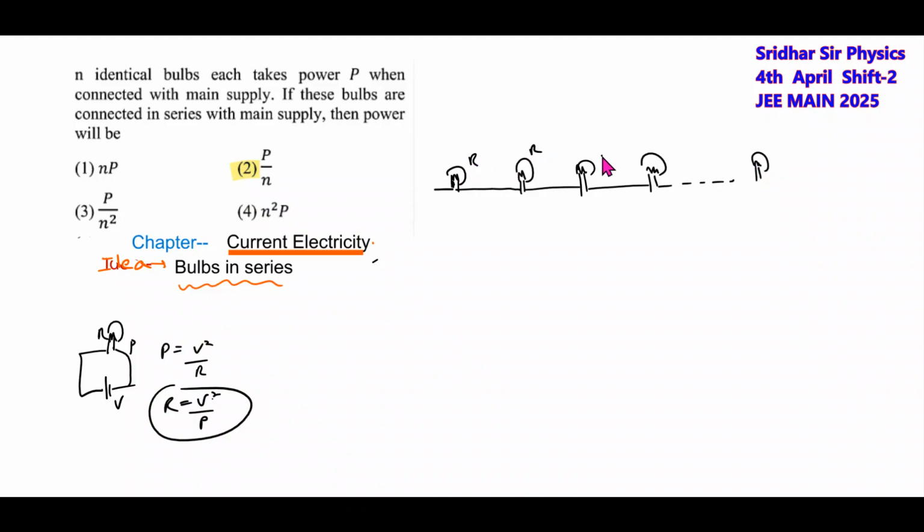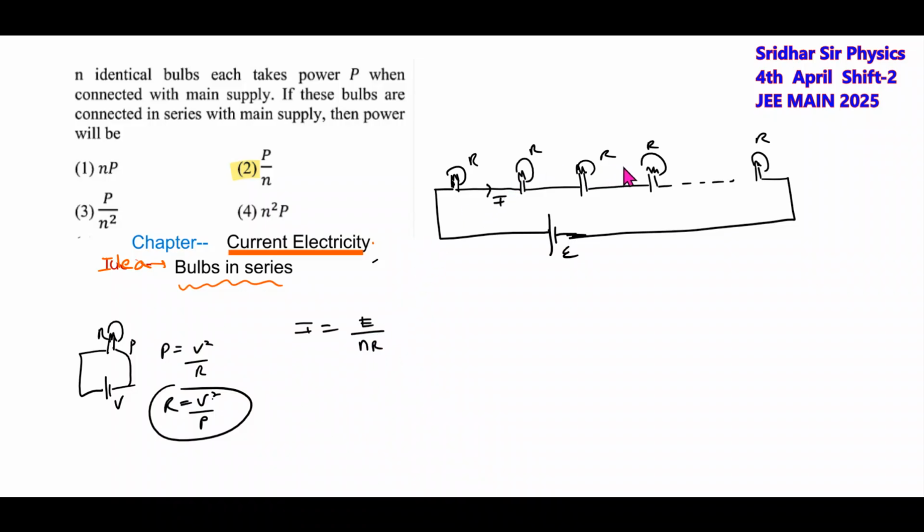All will have resistance R, and all are in series. Then what is the expression for I? I is equal to E by N R, since N resistors are there and the same EMF is applied.